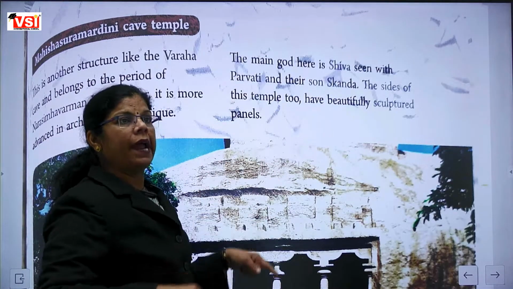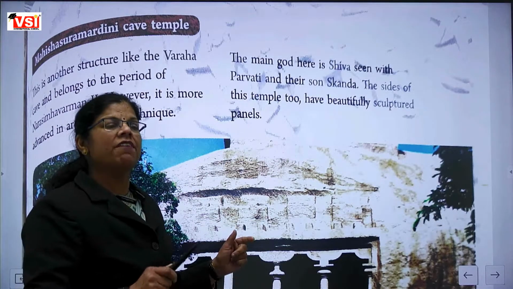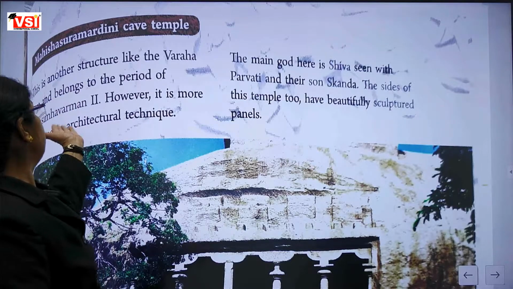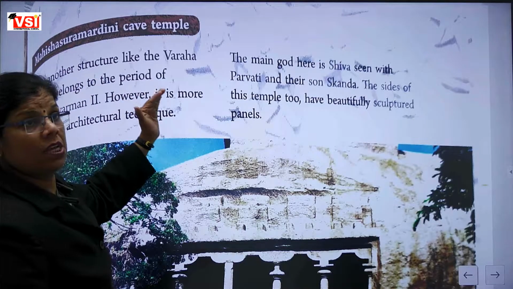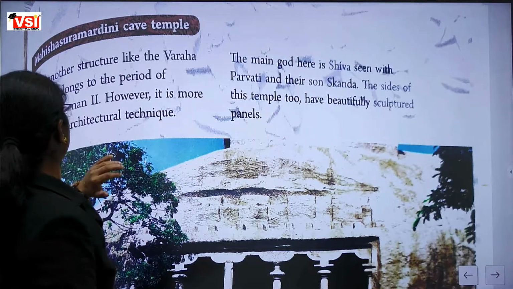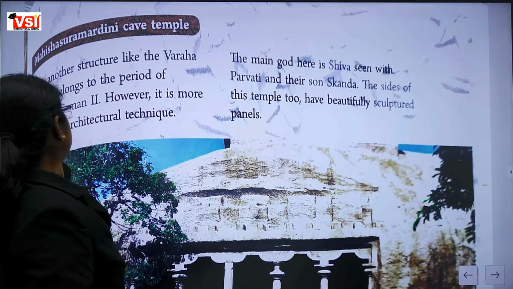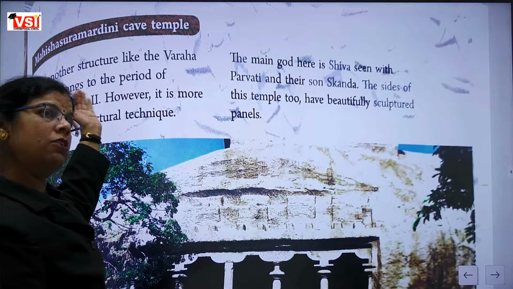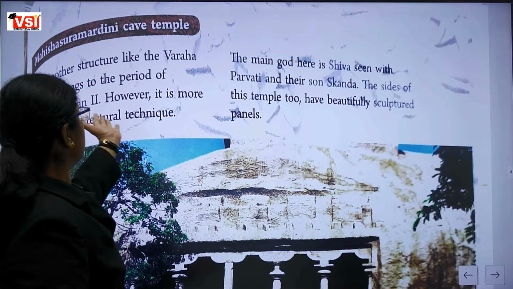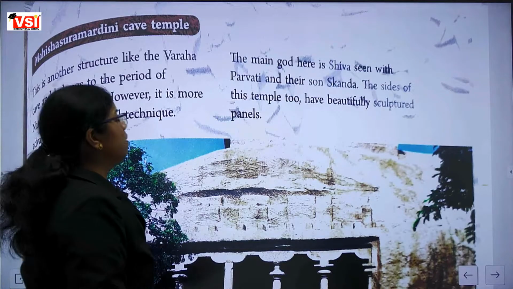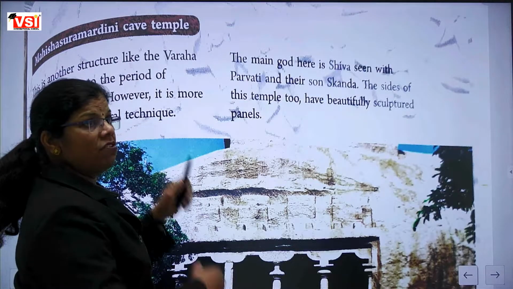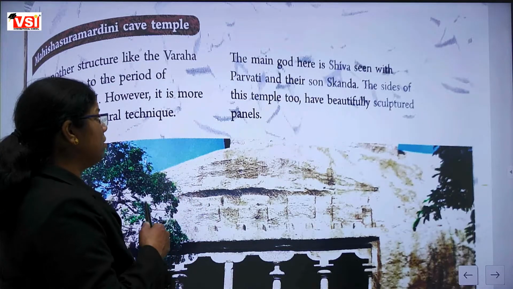Mahishasura Mardini cave temple is also like the Varaha cave temple and belongs to the period of Narasimhavarman II, the king who was present at that time. However, it looks like the Varaha cave temple, but it is more advanced in architectural technique.